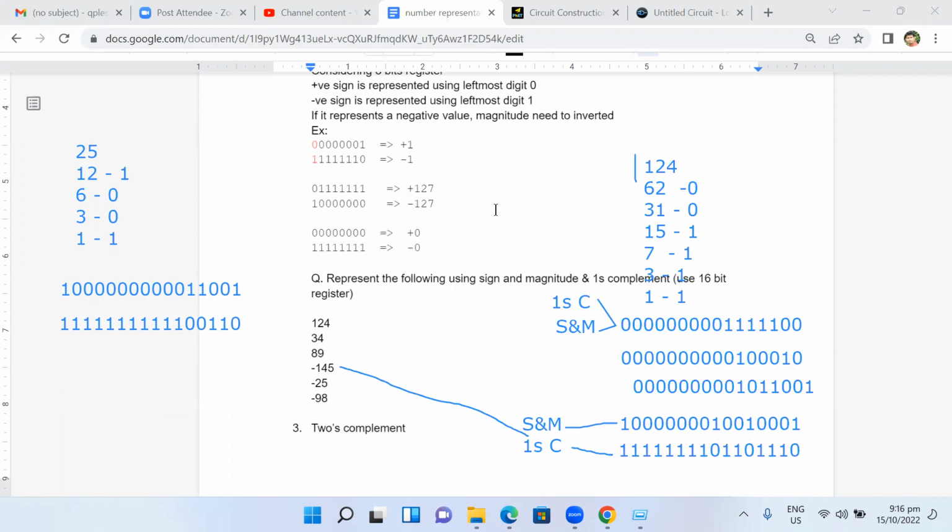I hope that you are done with the others also. What about the other number? The last one. Have you sent that? 98. Please send the last one quickly. Still some are to calculate the number. Please calculate the last one very quickly. That is minus 98. All of you, please send the answer.